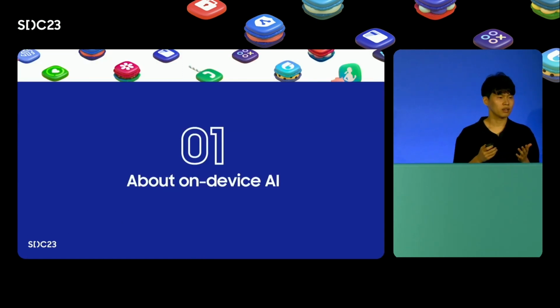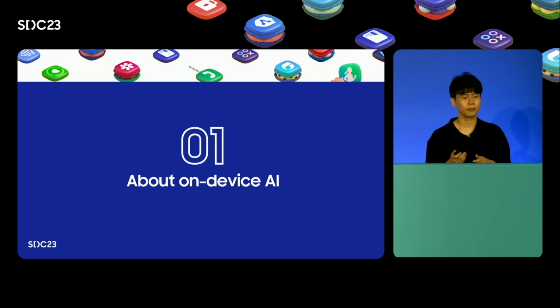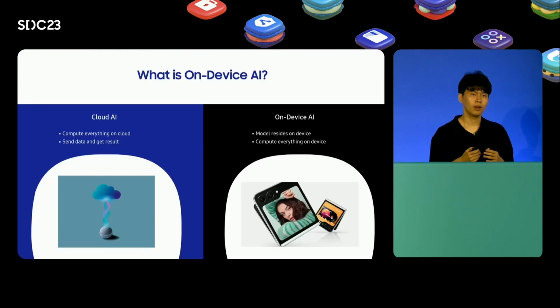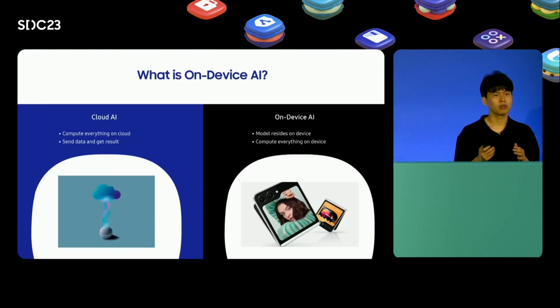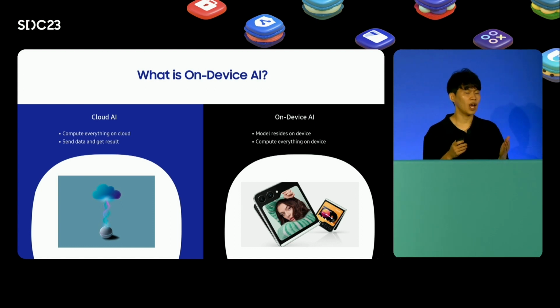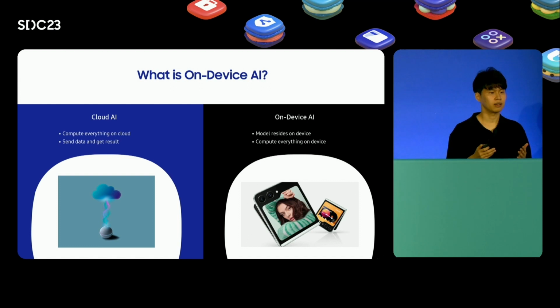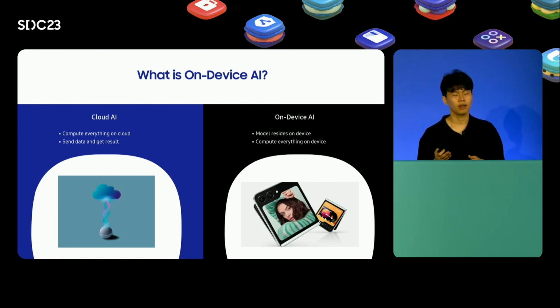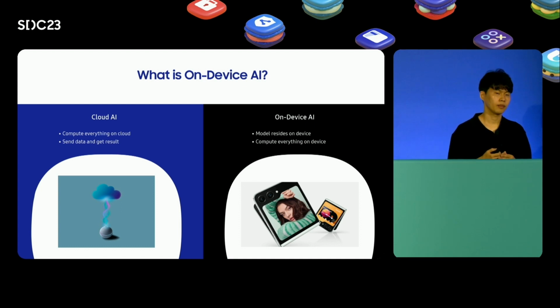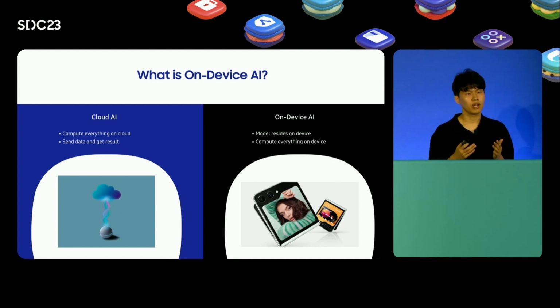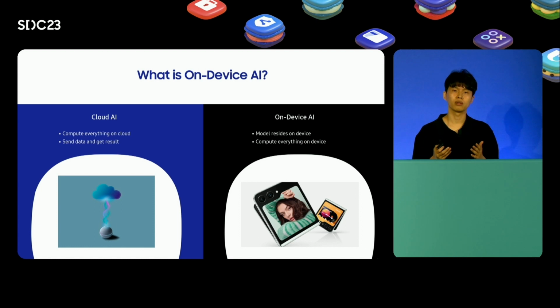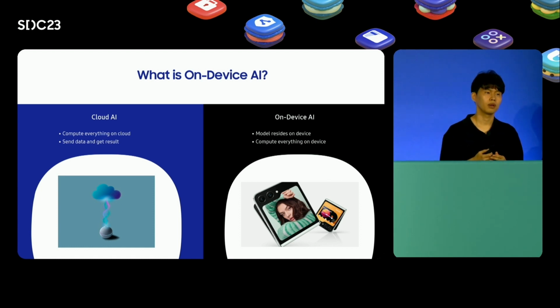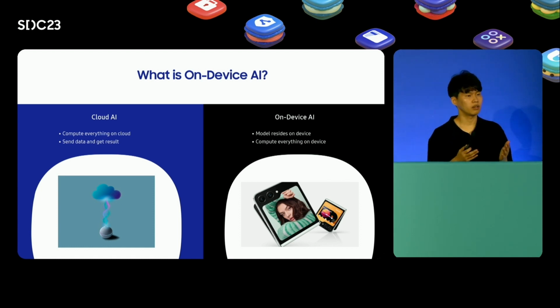So what is on-device AI anyway? The main difference between traditional cloud-based AI and on-device AI is the place where the neural network model is located and executed. Traditional cloud-based AI requires the models to be on the server, so computation is run on the server.